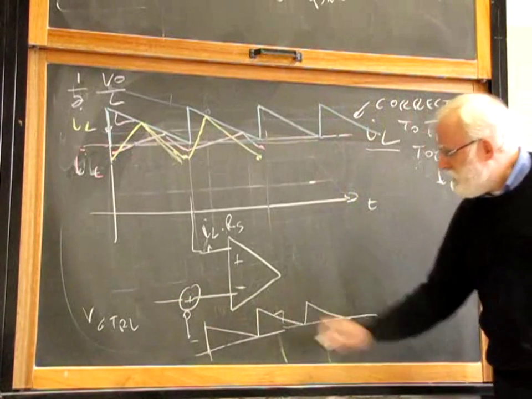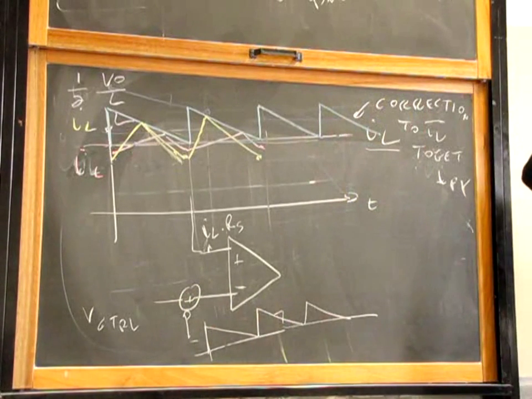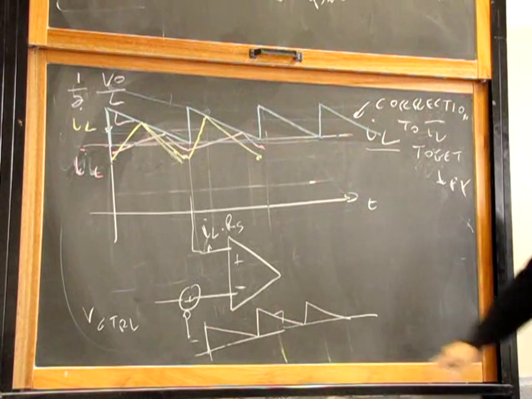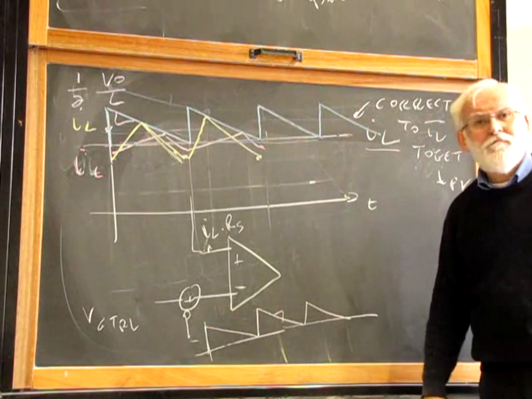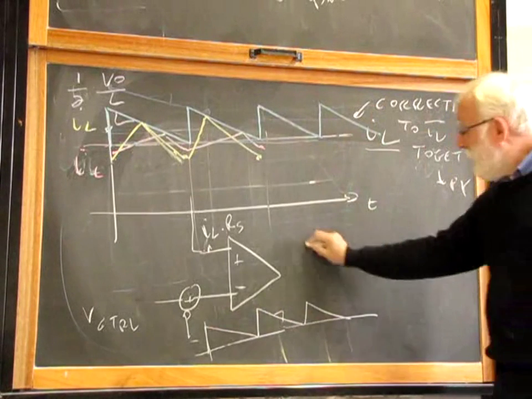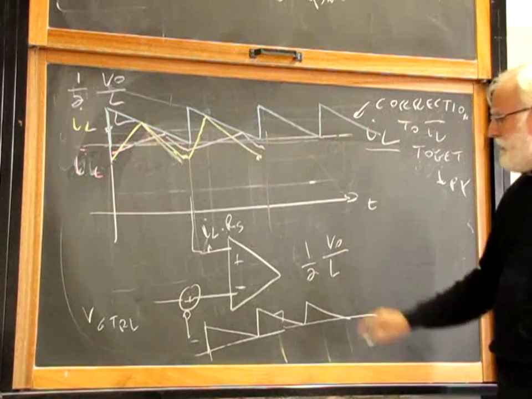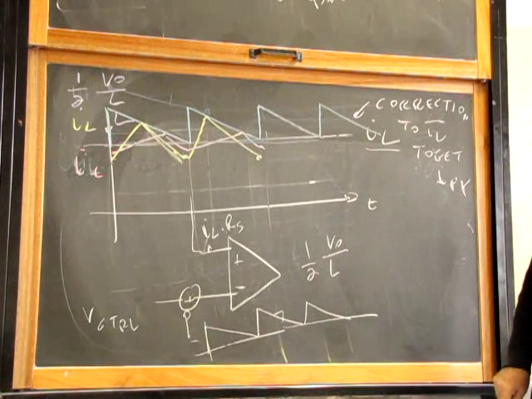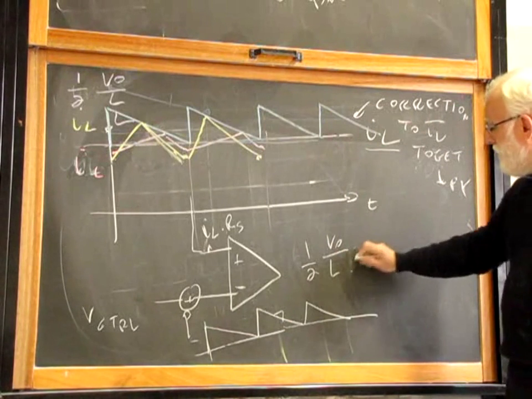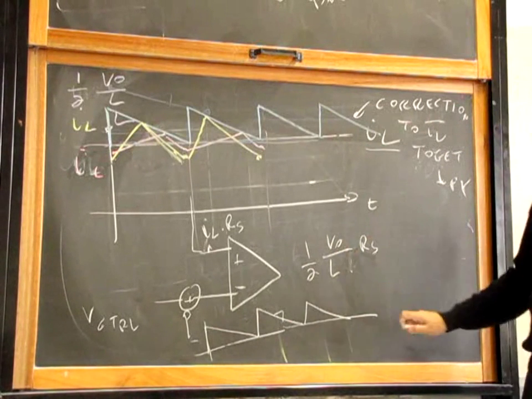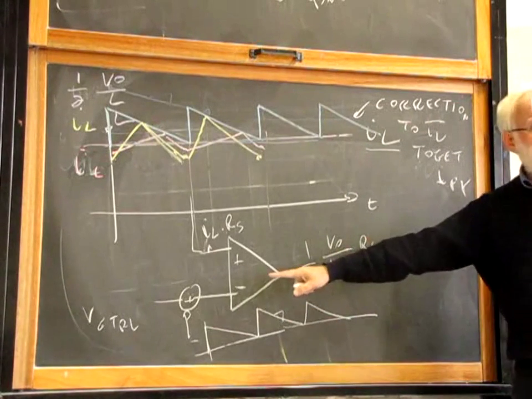How much is this slope? One half V0 over L, it's not enough. Times Rs, because this is voltage that I have over there.